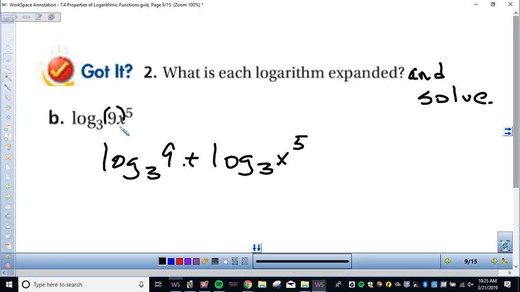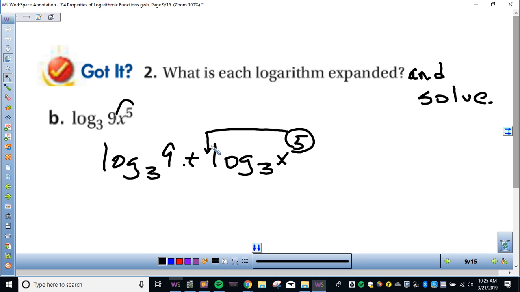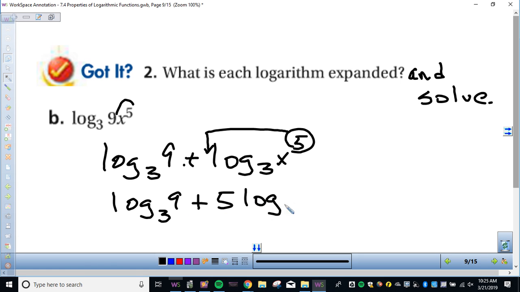If we had parentheses with the whole thing raised to the 5th power, then we'd have a 5 in front of both of the logs. Because there are no parentheses, the 5 only goes in front right here. So we take this 5 and that one goes in front. So we get log base 3 of 9 plus 5 log base 3 of x.